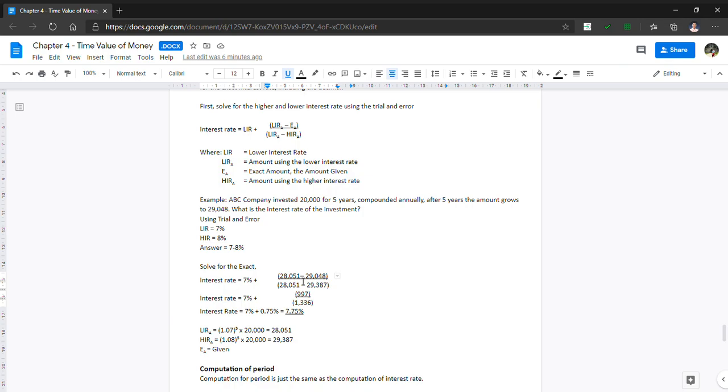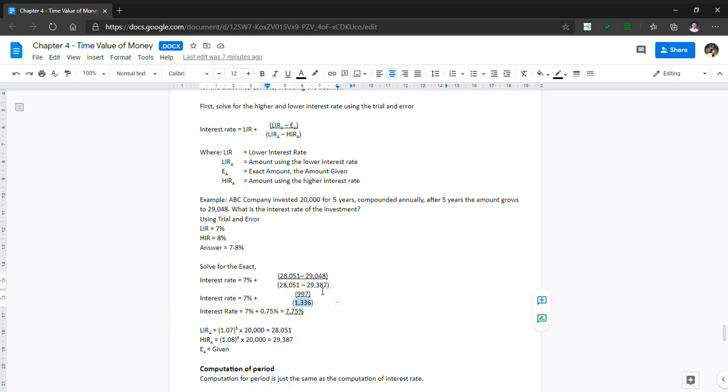Nakuha natin is 28,051 less 29,048 is 997. Right? Divided by 28,051 less 29,387 is 1,336. So, i-divide nyo lang ang dalawang to. 997 divided by 1,336 to get 0.7463, or you can round it off to 2 decimal places na 0.75.